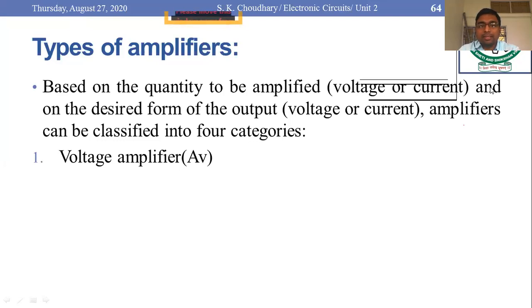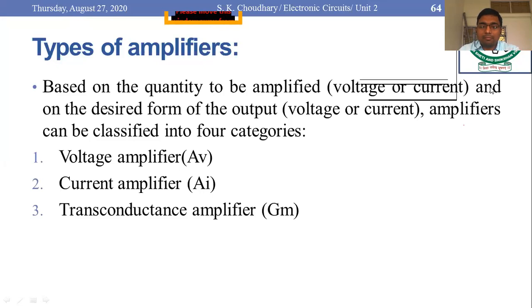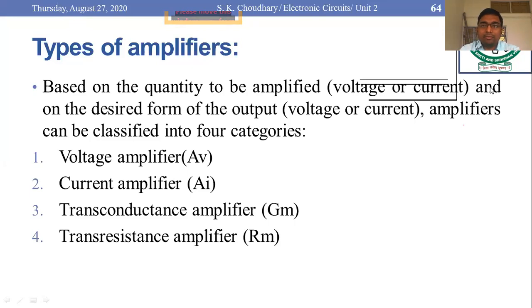The first one is the voltage amplifier, the second is the current amplifier, the third is the transconductance amplifier, and the fourth is the transresistance amplifier. These are the four types of amplifier we basically use in day-to-day life or in our applications. We will see them one by one.